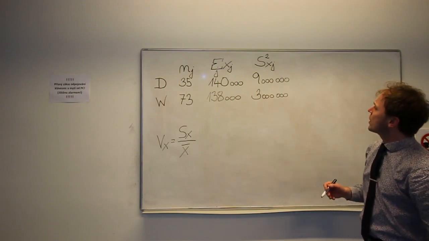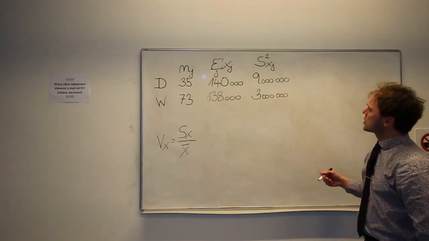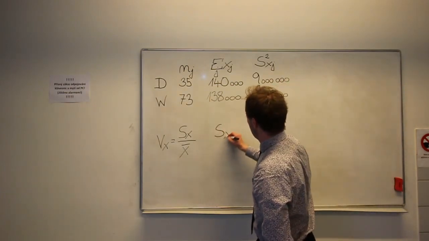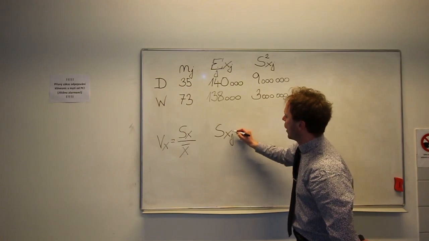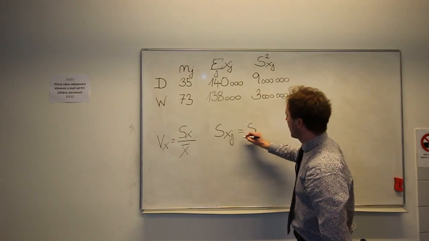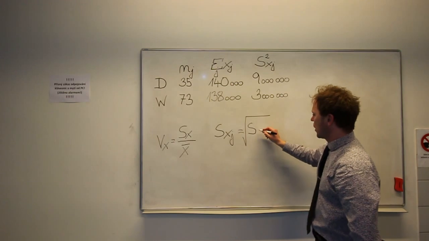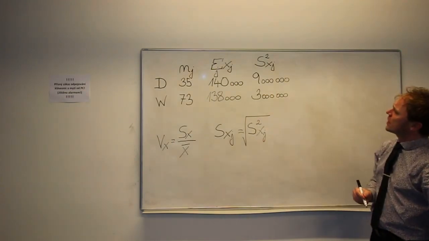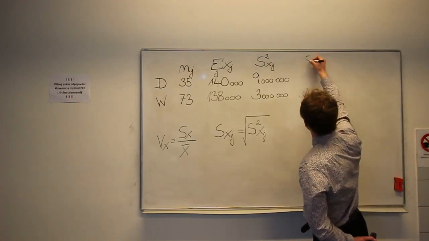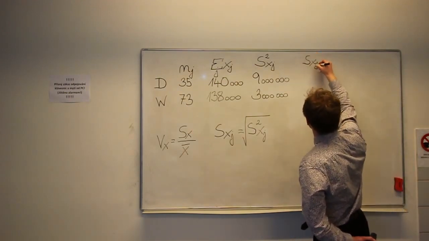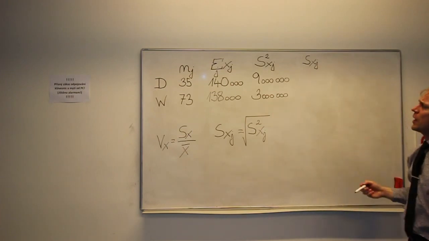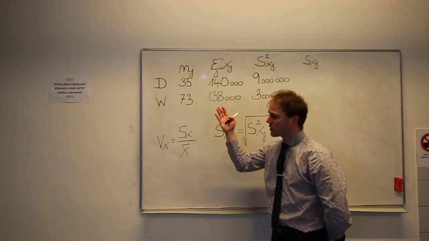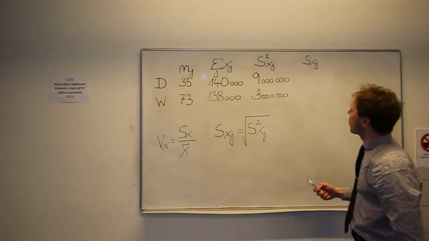So it's very easy for us to calculate the standard deviation, because the standard deviation sxj will be calculated as the square root of sxj squared, from the variance. So it's very easy to write here sxj, the partial individual standard deviation for deposits and for withdrawals.